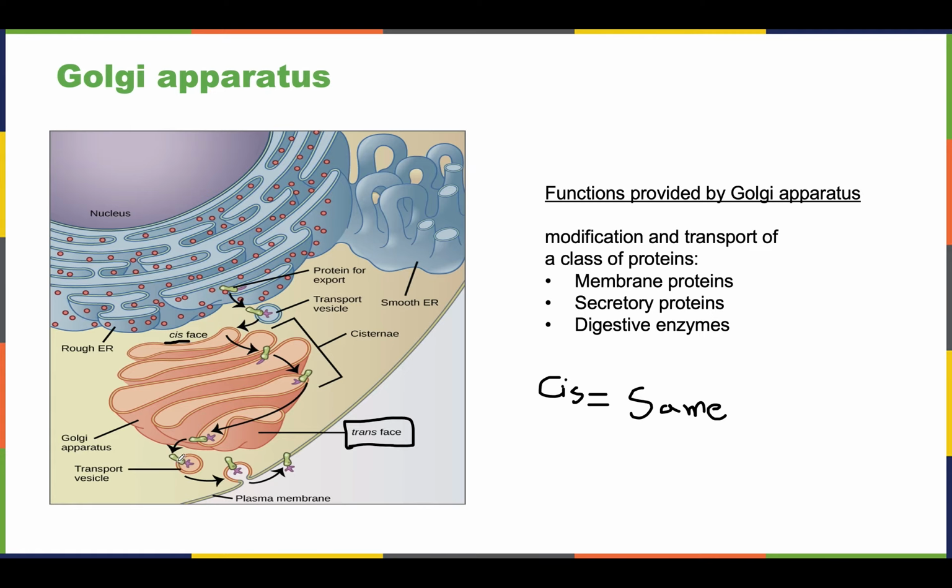So this vesicle fuses with the plasma membrane and delivers this protein. I'm going to talk about that a little bit more later. So the function of Golgi is modification and transport of a certain class of proteins. So you can think of it as the FedEx or UPS center of the cell.